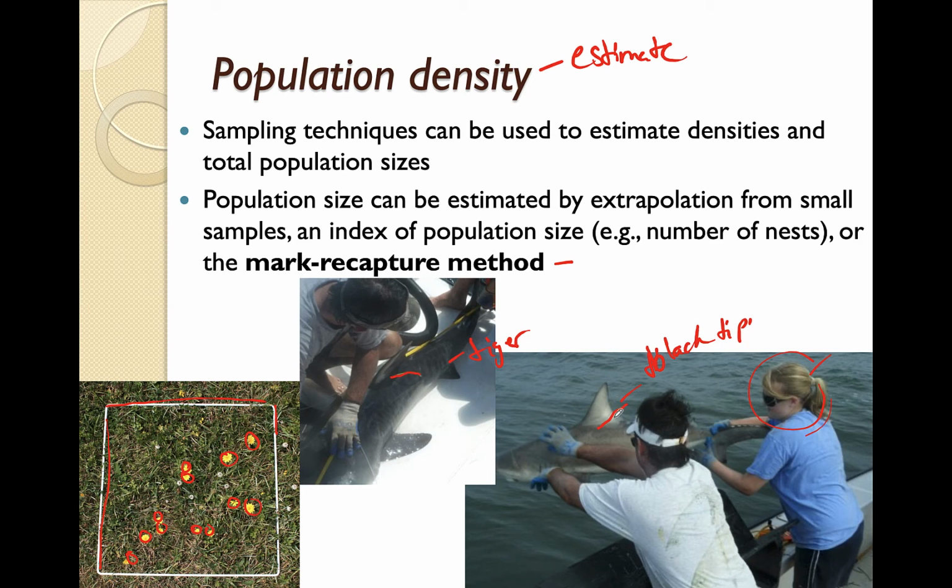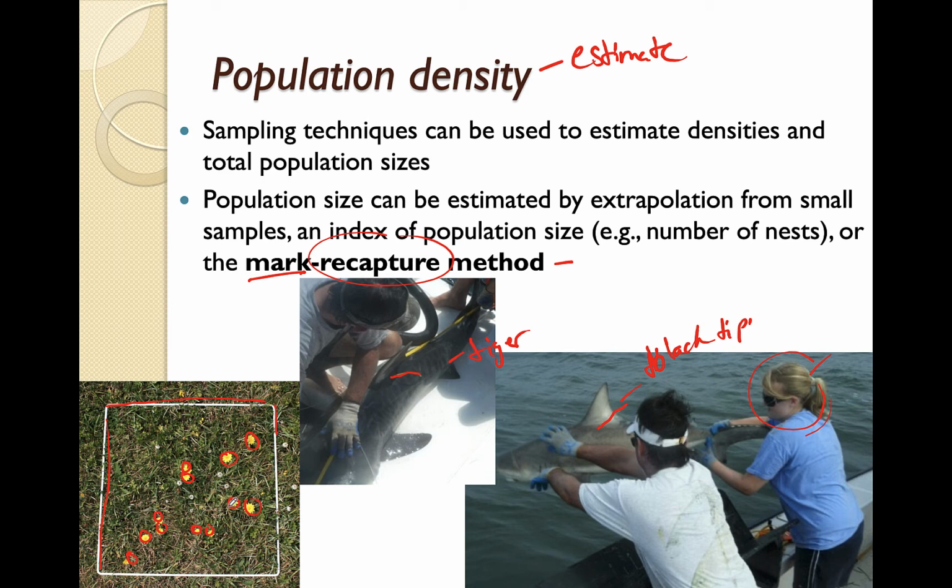And so what we would do is we would catch the shark, measure it, take all sorts of information about it, GPS, everything, and then tag it, and then send it out. And then if anybody catches this shark again, so that's the mark part, was us tagging it. The recapture part was waiting for some other scientist to catch the same fish, bring it up, see the spaghetti tag, and call it in.